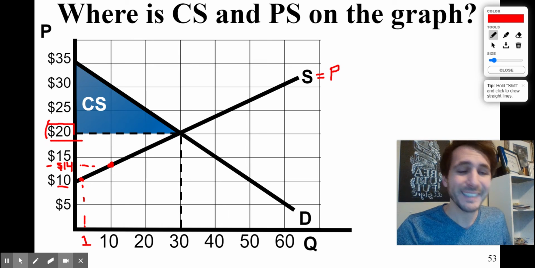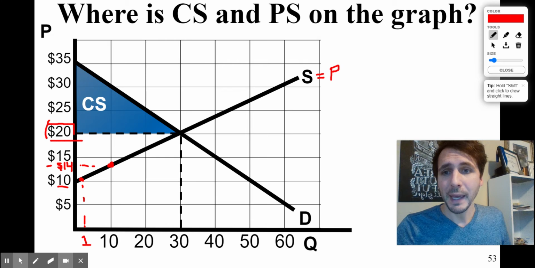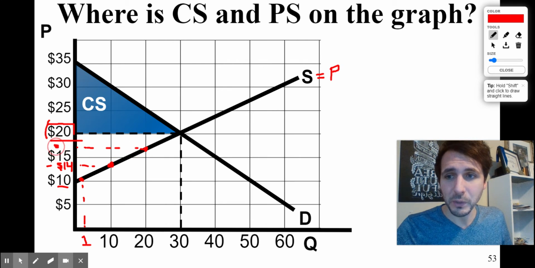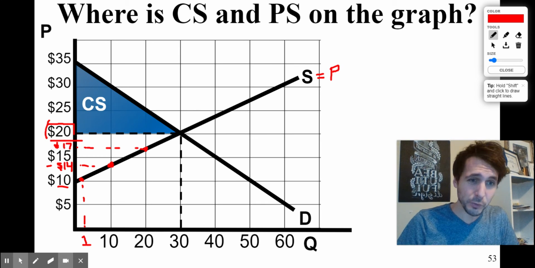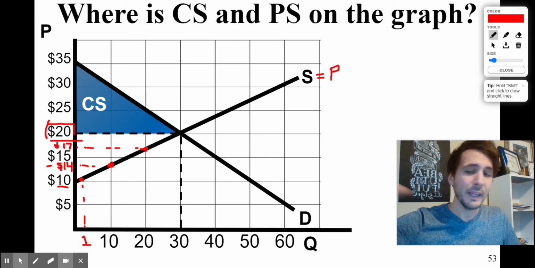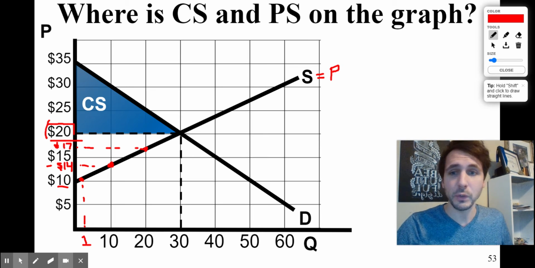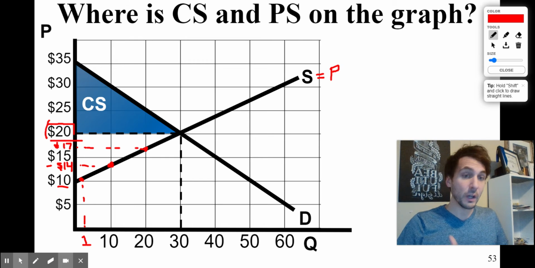So the difference there is $6 of producer surplus for each of those individual businesses. At a quantity of 20, they're willing to supply 20 if the price is somewhere like $17, for example. But they don't have to sell it for $17, they sell it for $20. So they have $3 of producer surplus for each of those individuals. On and on and on it goes.